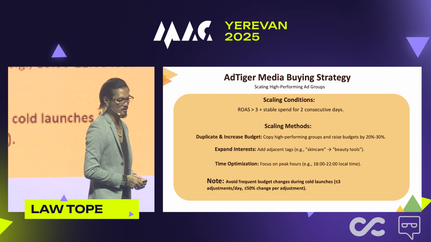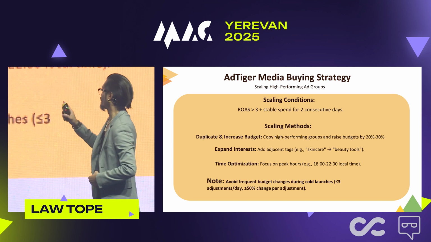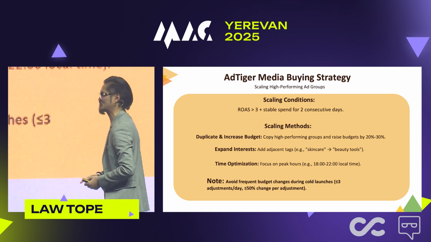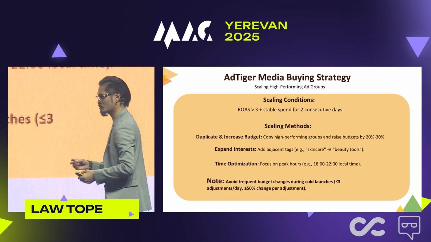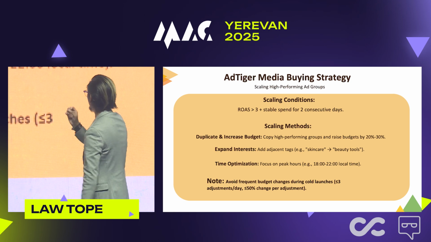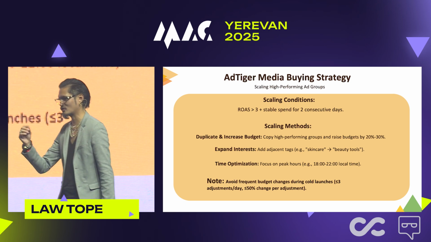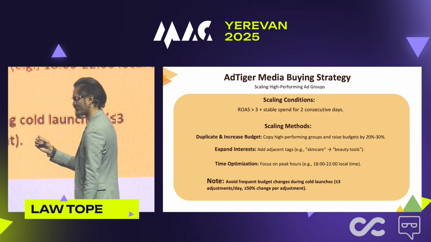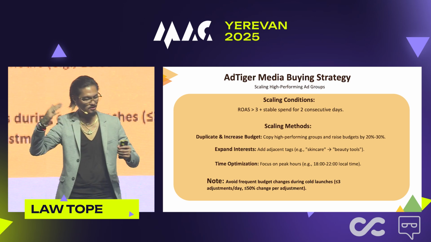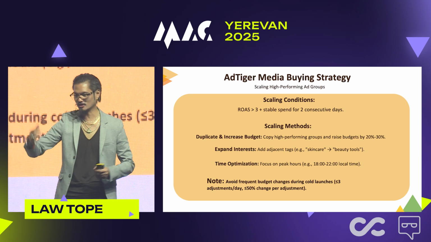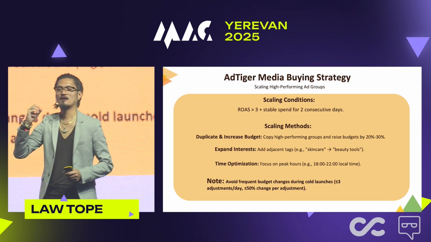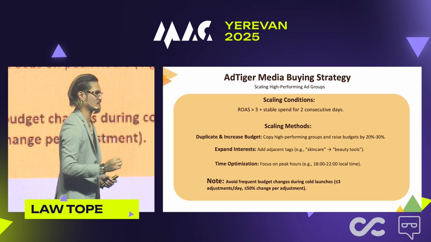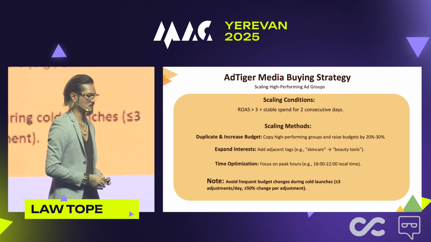And note, avoid frequent budget changes during your testing phase. At a minimum, adjust your budgets very little. And if you're going to scale out, I highly suggest you don't scale out more than 50% of the budget on your campaign.